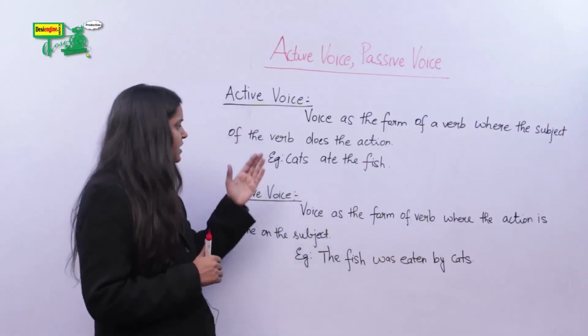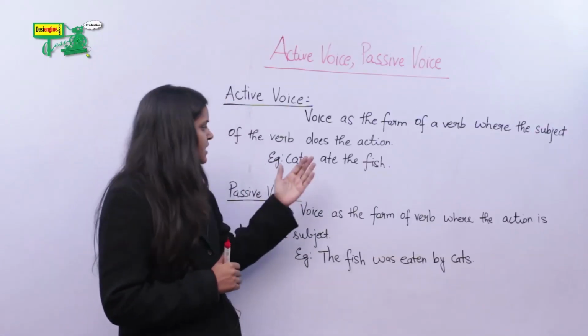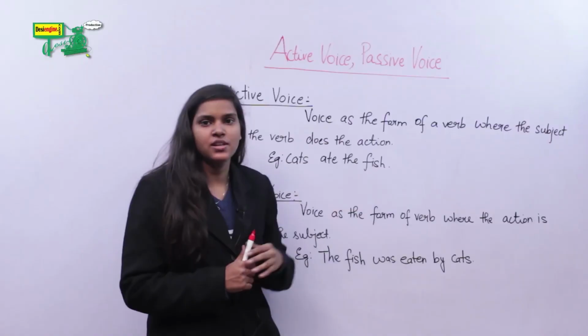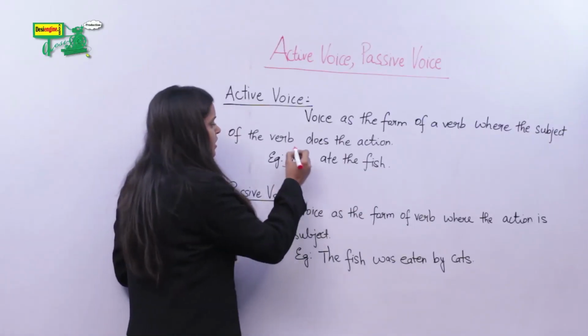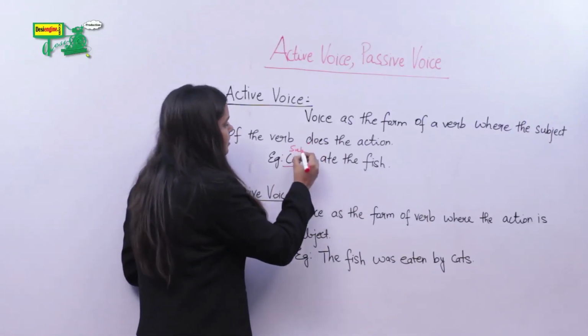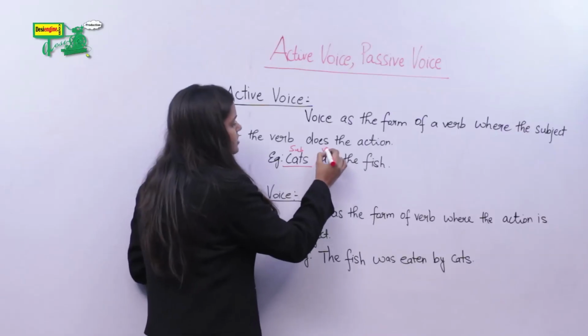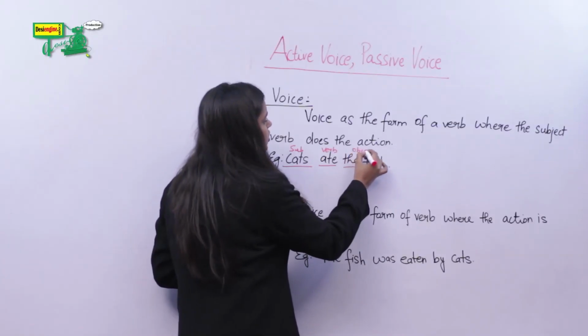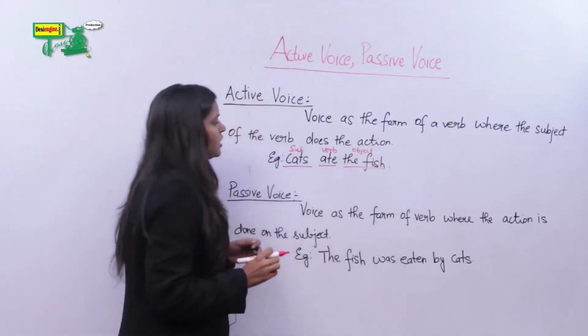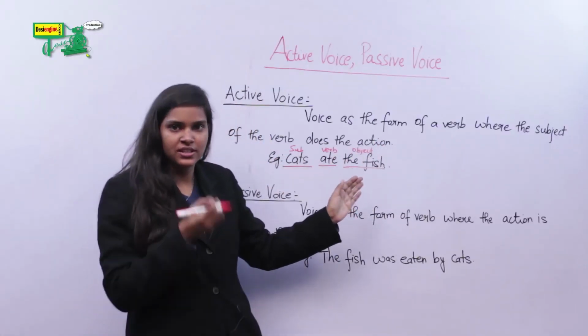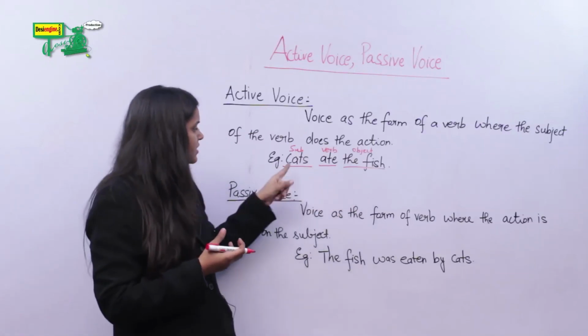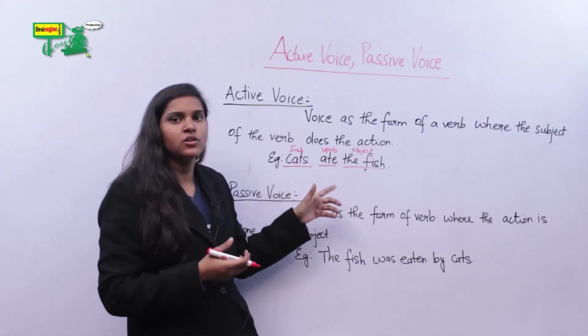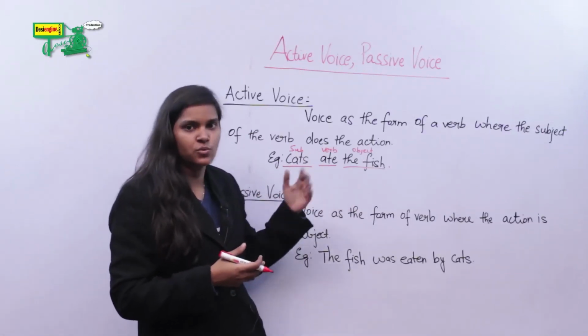Here, our subject is cats, the verb is ate, and the fish is our object. The doer of the action, that is eating, is our subject. Therefore, the voice of the verb is active voice.